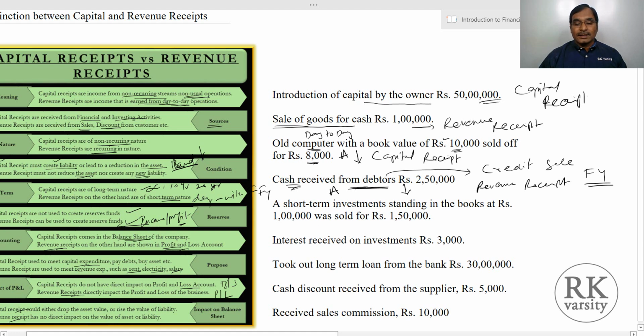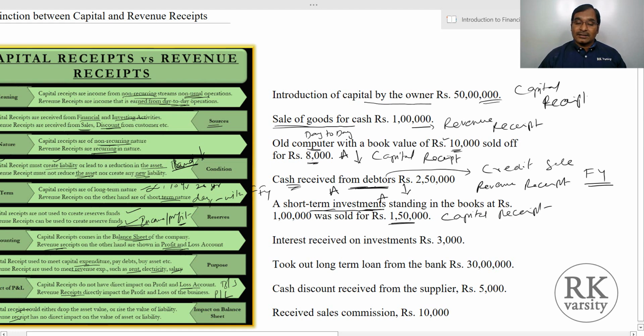Next, a short-term investment standing in the books at rupees 1 lakh was sold for 1,50,000. So here you have an investment. This is an asset which you created, a long-term asset, which is of 1 lakh, sold for 1,50,000. So this amount received is your capital receipt, because you are selling a long-term asset here.